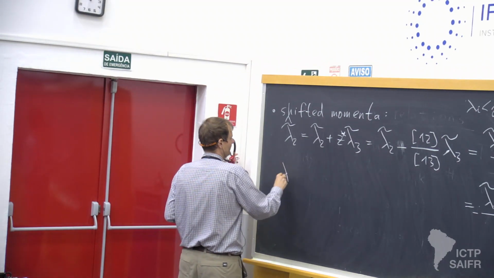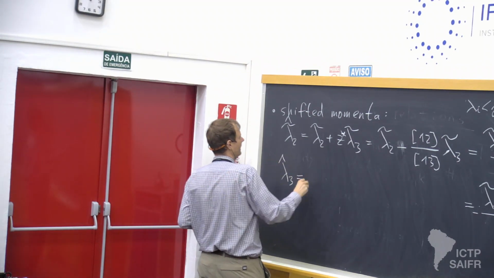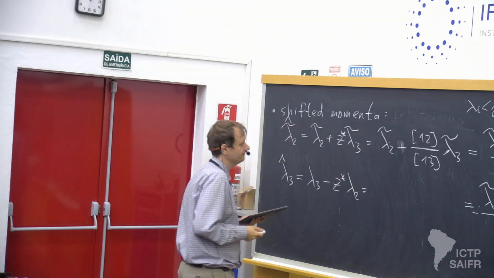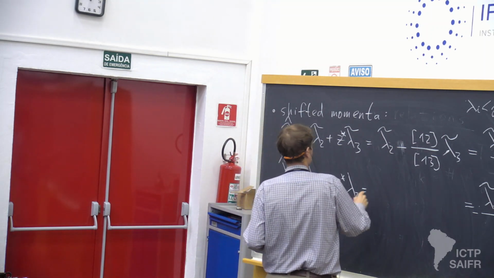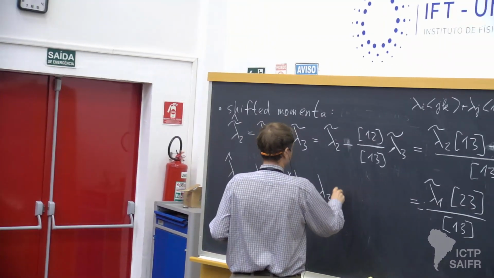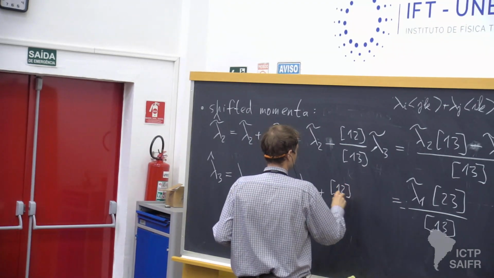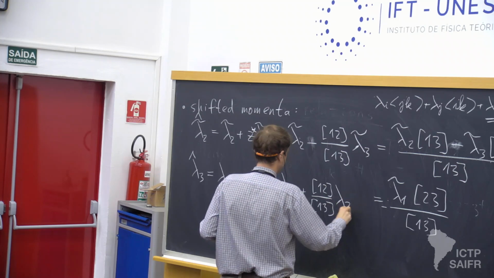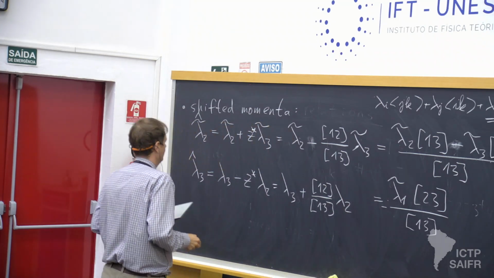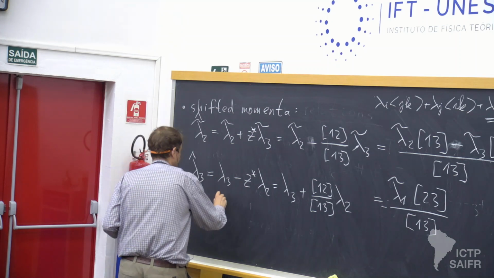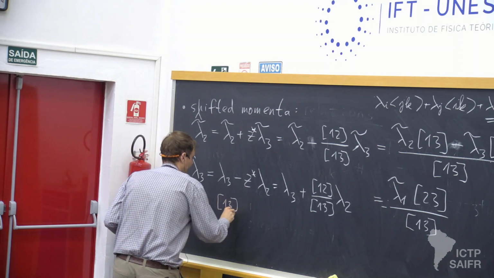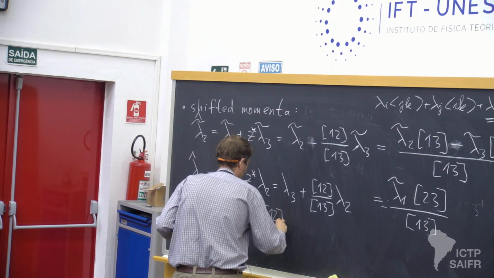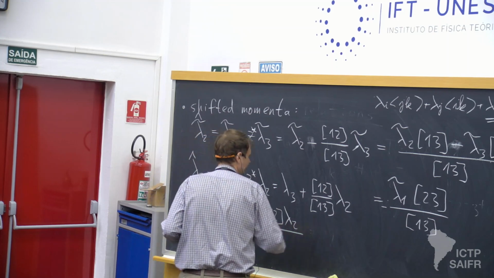And we can do the same thing with lambda 3. So the lambda 3 hat is lambda 3 minus z star lambda 2. So this is lambda 3 plus 1 2 over 1 3 lambda 2. We can also write it as 1 3 lambda 3 plus 1 2 lambda 2 divided by 1 3.